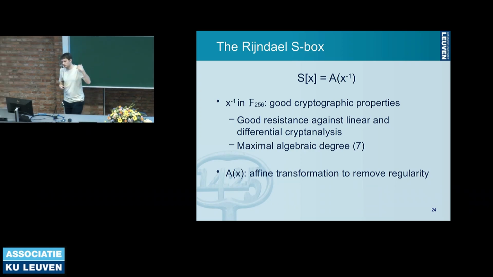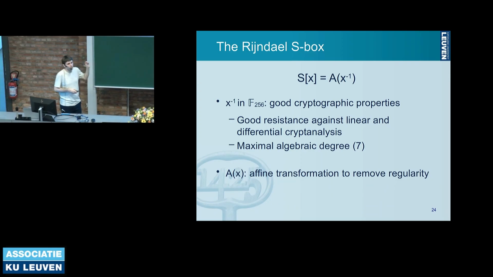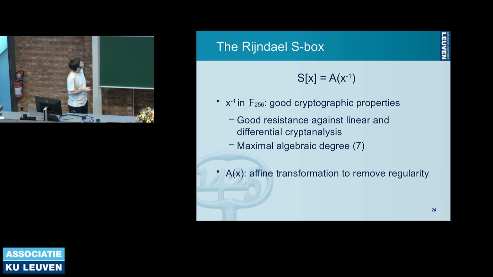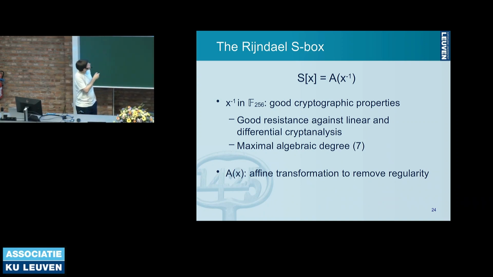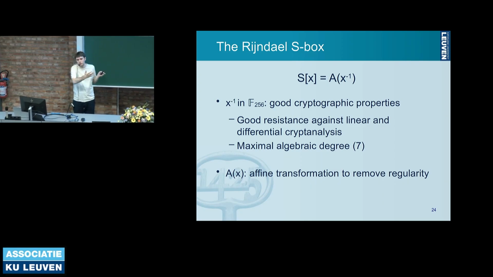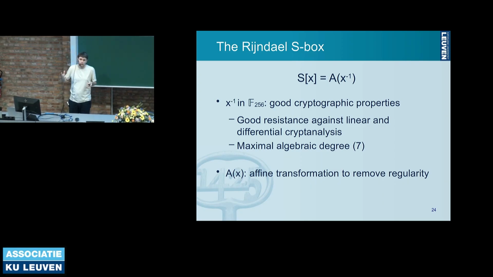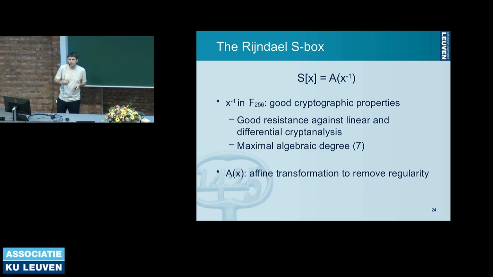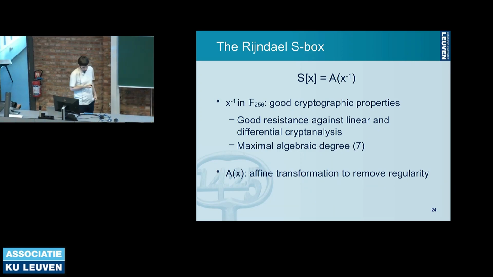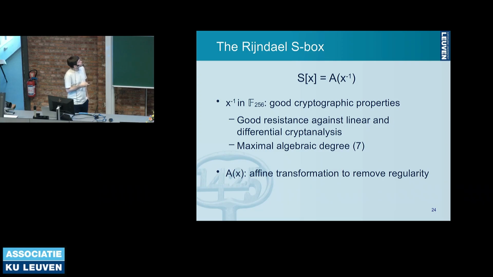This choice leads to nearly optimal properties. There's also another technique called integral cryptanalysis, which has to do with writing your function as a polynomial, and you would want this to be a high-degree polynomial. This S-box also has that property when you choose it like this.